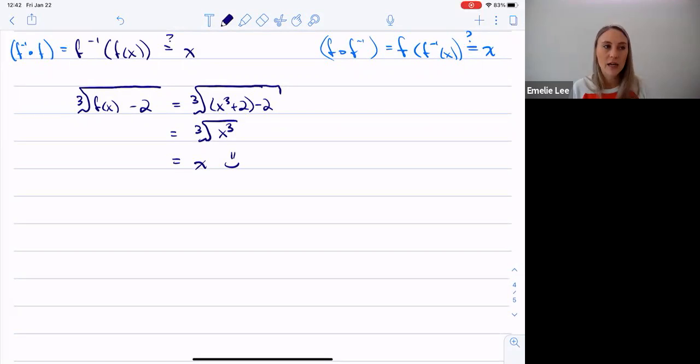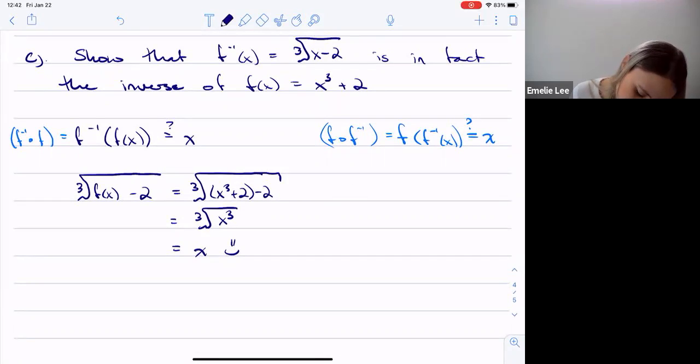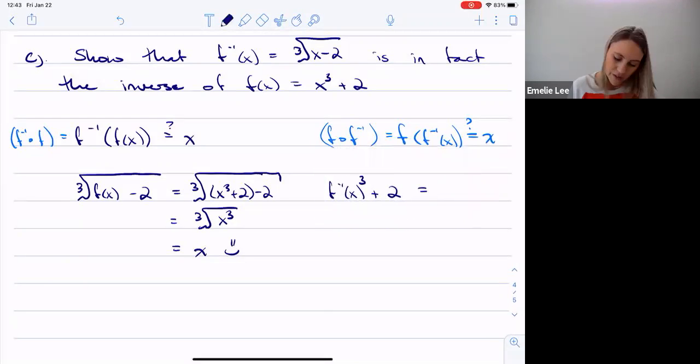Now, if you do the same thing where you take the original function composed with the inverse, you're going to have f inverse of x to the power of 3 plus 2, which is going to be the third root of x, oh, sorry. I missed the power of 3. That'll help. And I'll need to move this over a little bit. There.